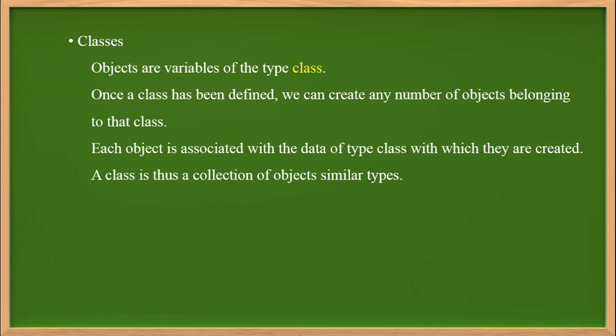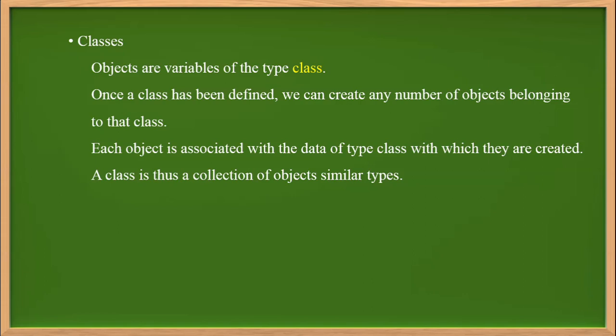We just saw that objects contain data and code to manipulate the data. The entire set of data and code of an object can be made a user-defined data type with the help of a class.